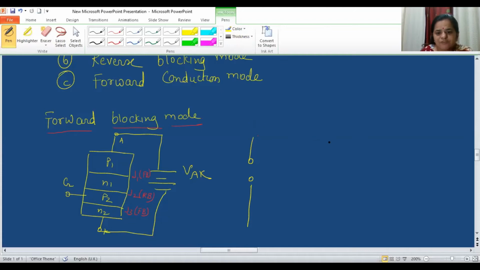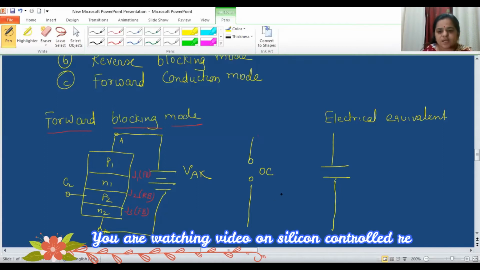If I draw its electrical equivalent, it behaves as a single capacitor, because it is acting as an open circuit. The depletion region of the reverse junction J2 acts as an insulating medium, and above J2 there is a conducting plate and below J2 there is a conducting plate.